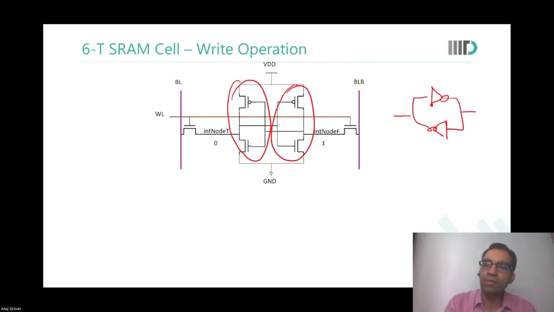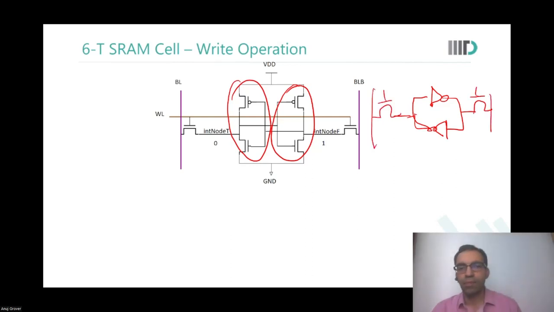Are you able to see this? I'm taking you back to digital electronics and basic digital circuits and basic electronics. Clear? So you're talking about a latch, and there are two access transistors. We call them pass gates.